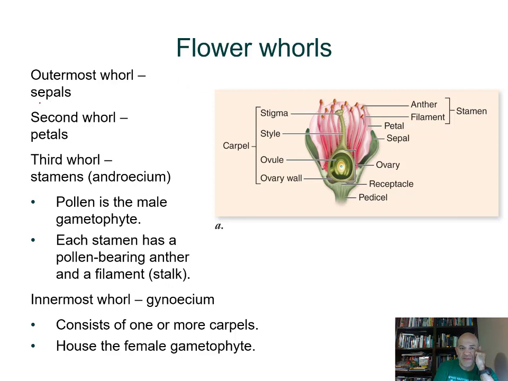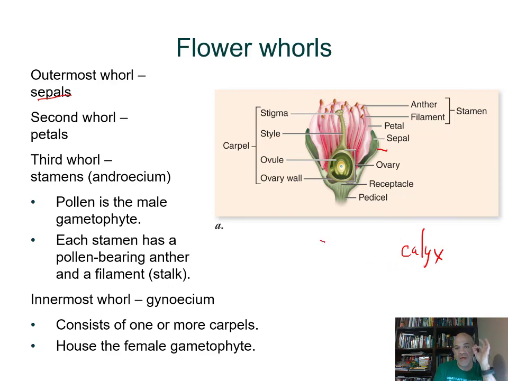And the sepals together are collectively referred to as the calyx. So the actual whorl is made of sepals. So this is a sepal right here, but all of the sepals together are called the calyx. That's the actual name of the whorl.